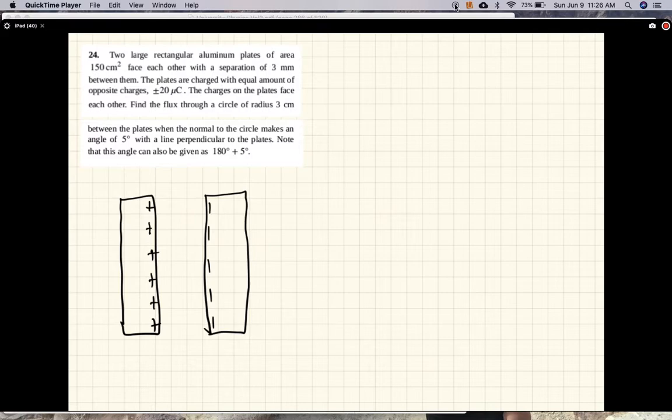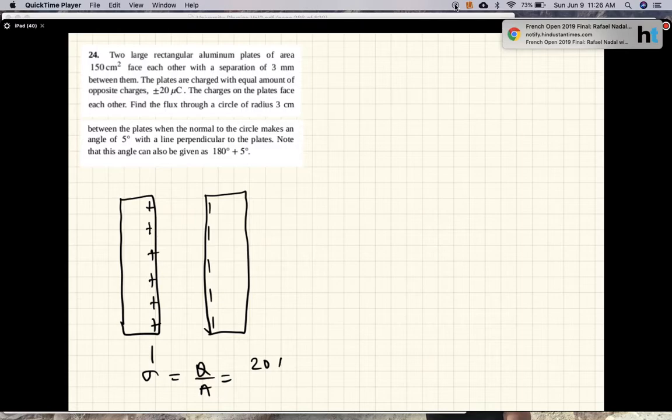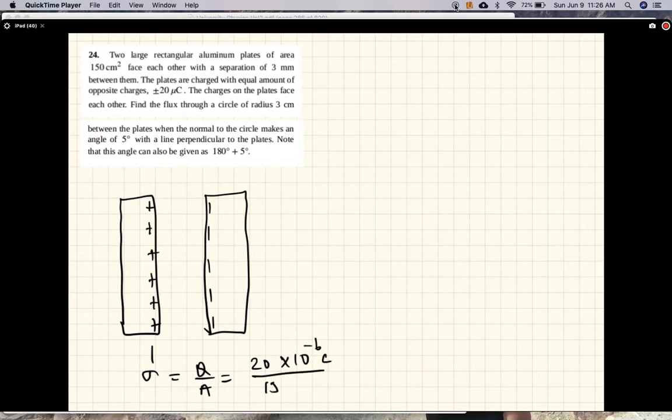The surface charge density is given by Q over area, which is 20 microcoulombs. We can write it like so: 20 micro, 10 minus 6 coulombs divided by 150 centimeters square, which is that many meters square.